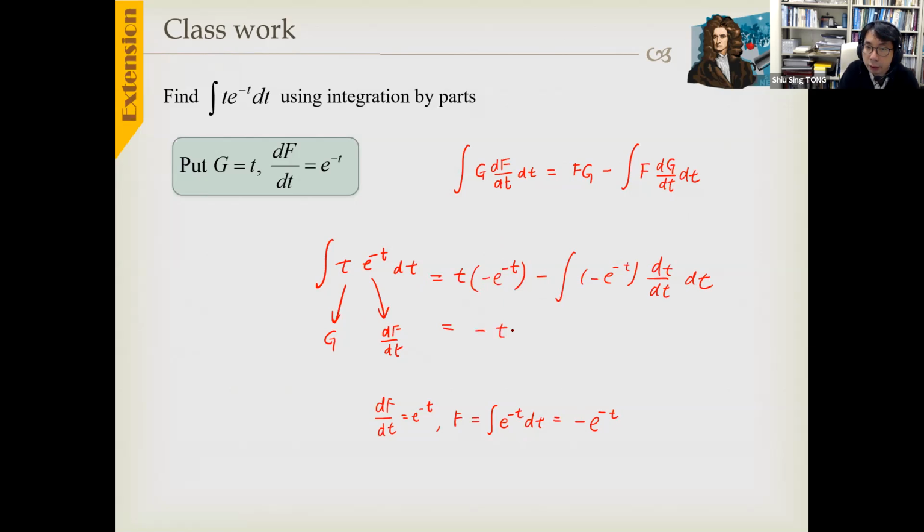So now I have tF minus the integral. There's a plus sign, the two minus signs cancel. And I end up with a simple integration of the exponential function, and this gives me a minus sign. Exponential. You go back to the exponential function. So, okay.